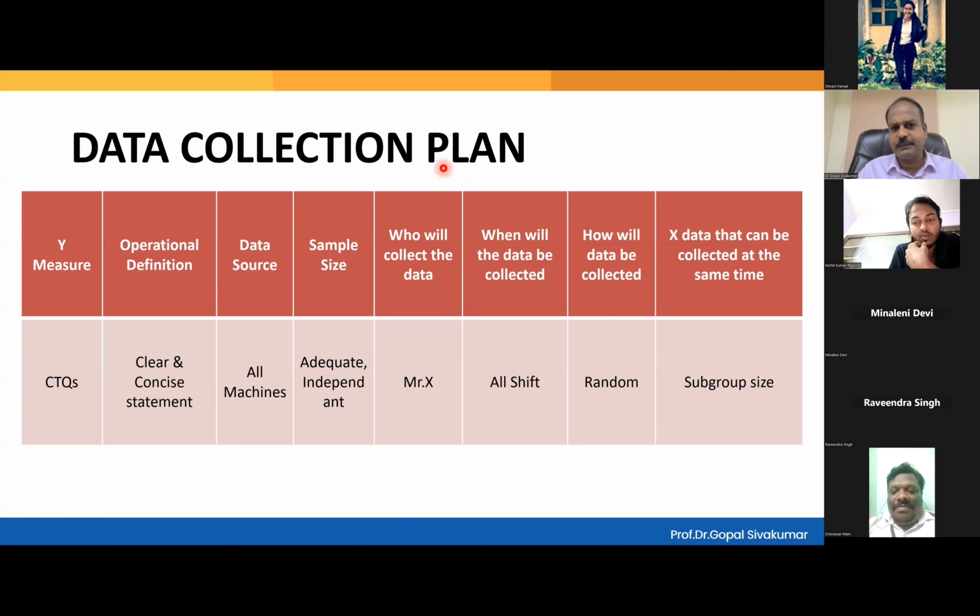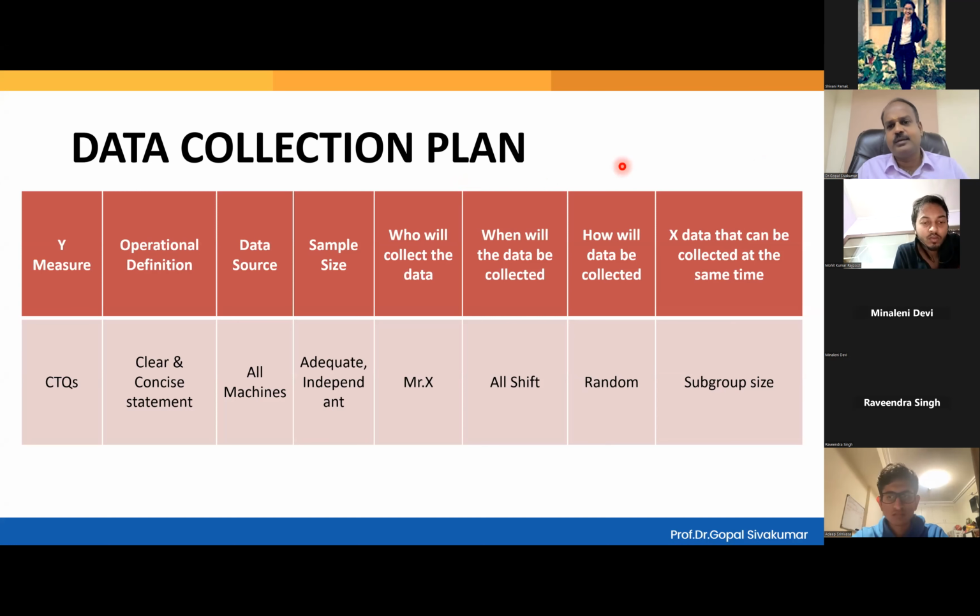See, reality is reality. But we can't collect too much data, so we always have some limitation. But the closer we go to the reality, the better. And finally, X amount of data can be collected at the same time. You have decided to collect data. Do you want to take just one sample or multiple samples?